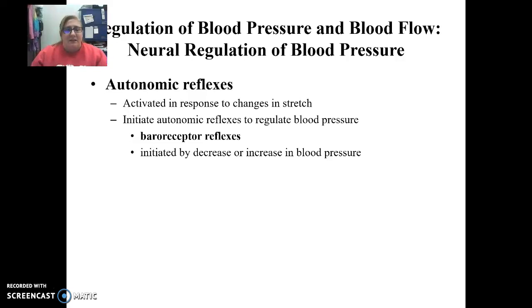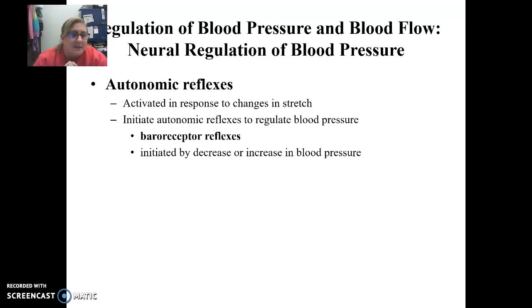There are different receptors in the body that will respond and send signals to the sympathetic and parasympathetic regions. Baroreceptors, these are pressure receptors, are going to respond to either an increase or decrease in blood pressure. So baroreceptors will send signals telling us to either lower or increase our blood pressure.